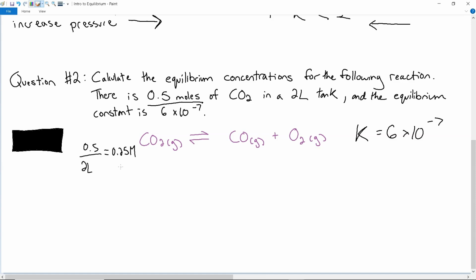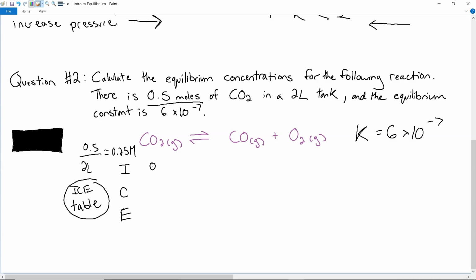Okay, now we can set up our table. And this is the same as the previous example. We have our initial values, our change, and our equilibrium. This is often referred to as an ICE table.